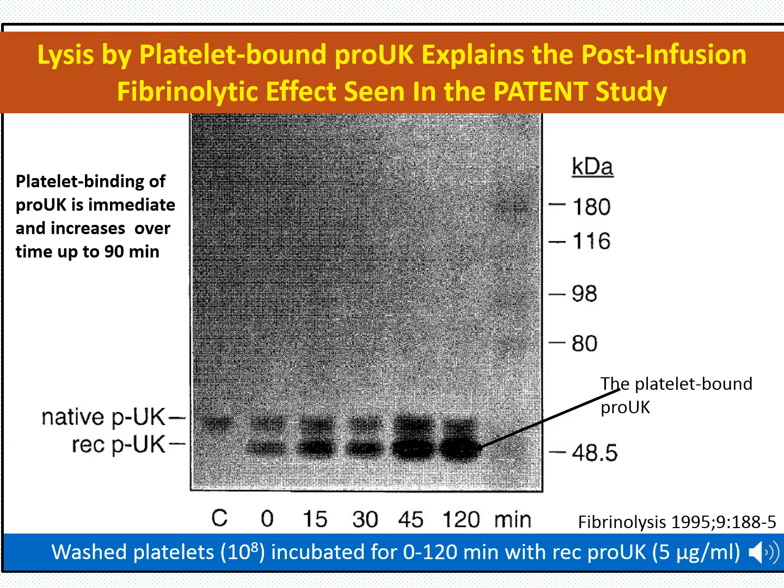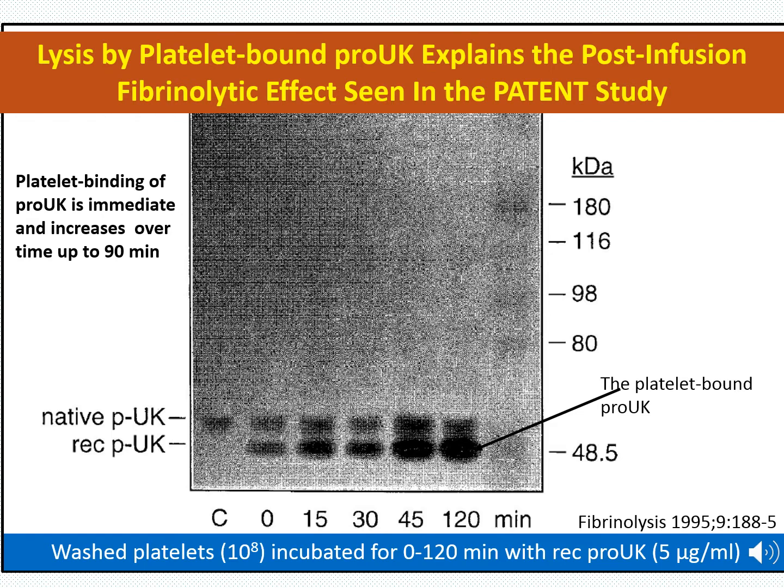This shows a zymogram of platelets exposed for varying periods of time to Pro-UK. The unexposed is C for control, which have not been exposed to the Pro-UK at all, and there's still a shadow there, and that shadow is on the native platelets, meaning that this occurs in nature as well, because these shadowy-looking bars represent lysis of fibrin, which is what the zymography represents.